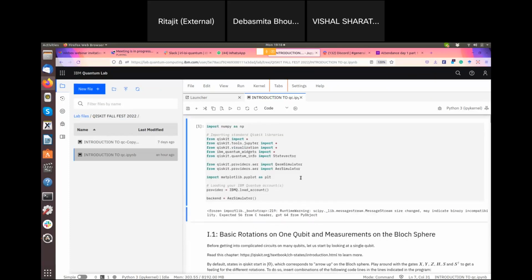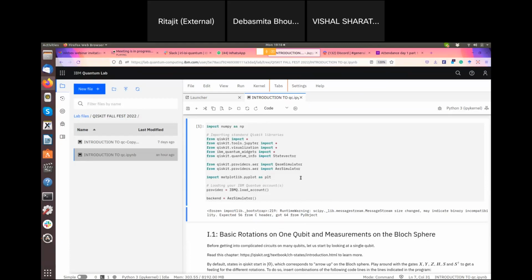So at first, we have to import some Qiskit libraries. In the Qiskit libraries, the functions are already written. We have to import those libraries. One thing I would like to mention at the beginning is that most of the things I am going to show here are available and nicely written in the Qiskit textbook.